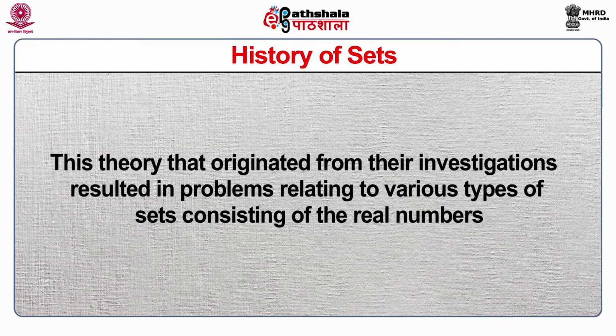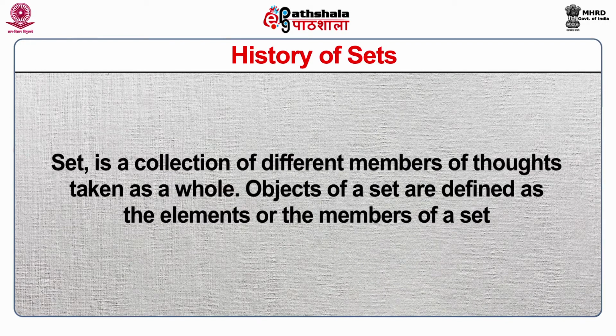This theory that originated from their investigations resulted in problems relating to various types of sets consisting of real numbers. A set is a collection of different objects of thought taken as a whole. Objects of a set are defined as the elements or the members of the set.